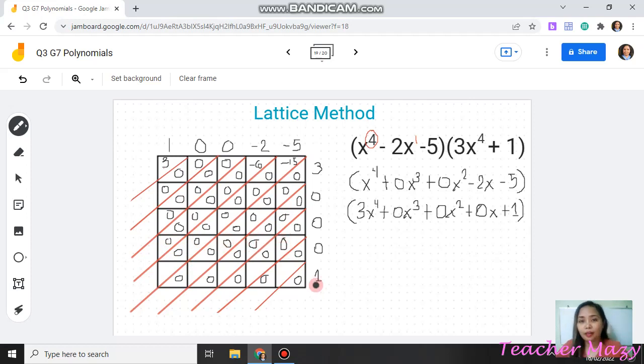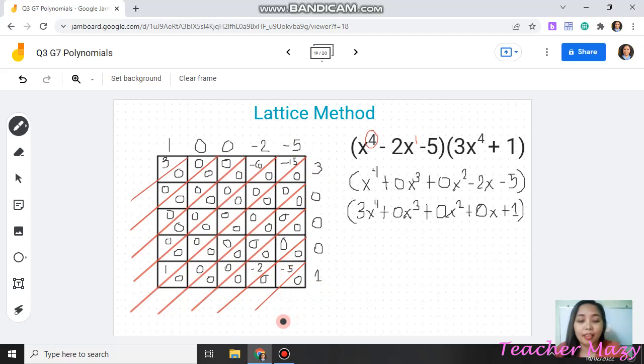Okay, now we are in the last row. So 1 times 1 is equal to 1. 0 times 1 is equal to 0. Same with the second column. Next is negative 2 multiplied by 1, that is negative 2. And negative 5 times 1, that is negative 5.